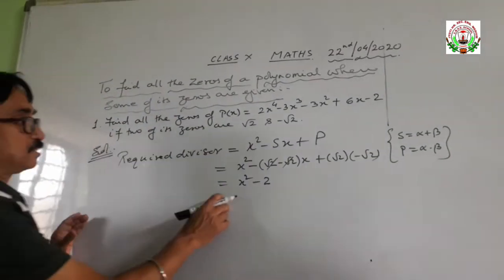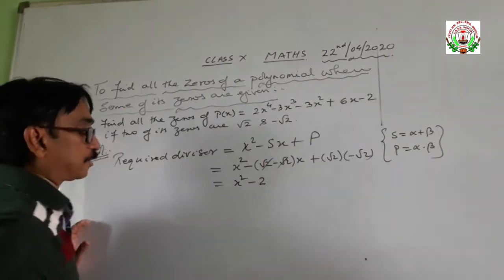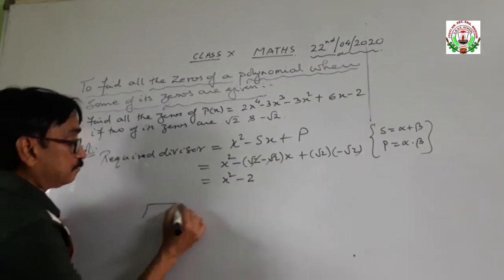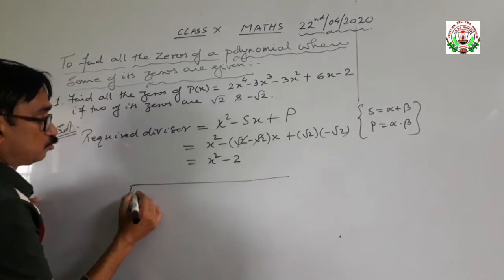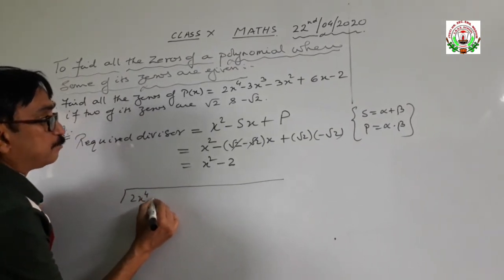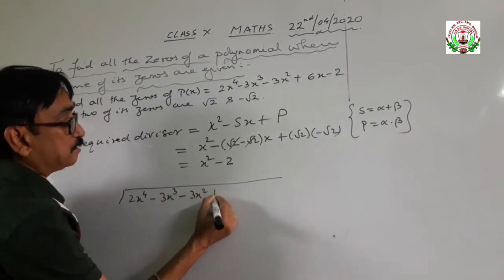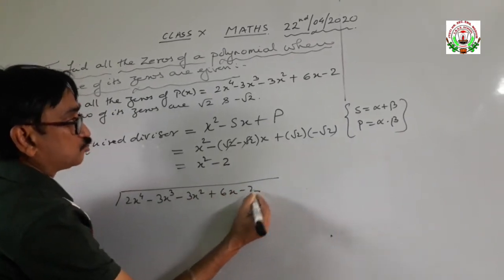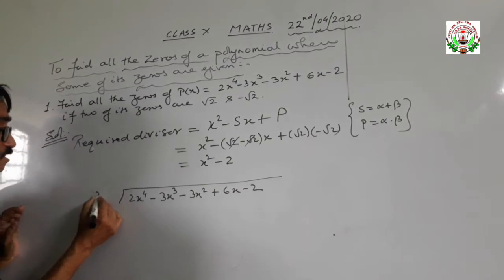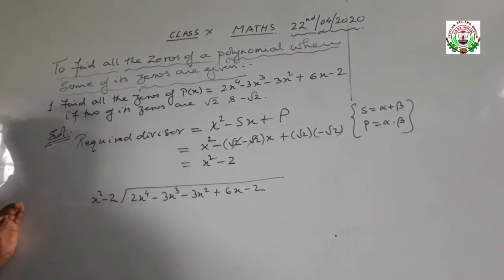Now with this divisor we will divide the given biquadratic polynomial: 2x to the power 4 minus 3x cube minus 3x square plus 6x minus 2, and the divisor is x square minus 2.